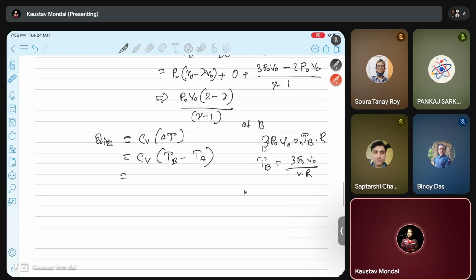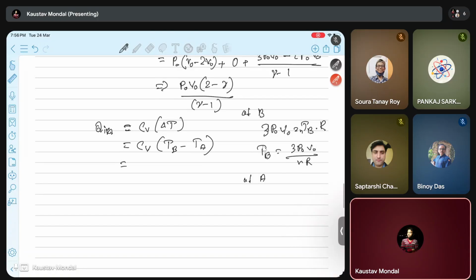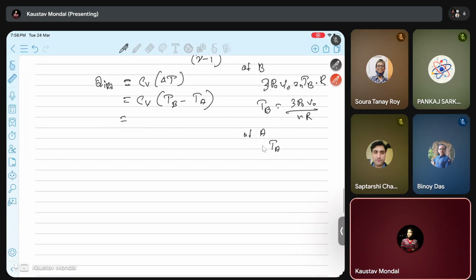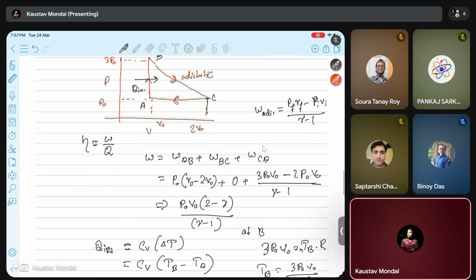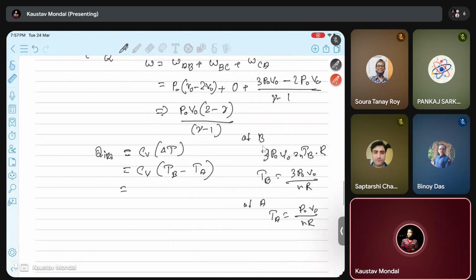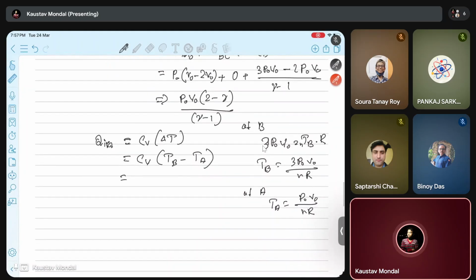Similarly at A you can write TA as P0 V0 by nR. Okay, I guess the problem mentions it also. Let's consider one mole of gas. Okay, so let's consider n equal to 1.